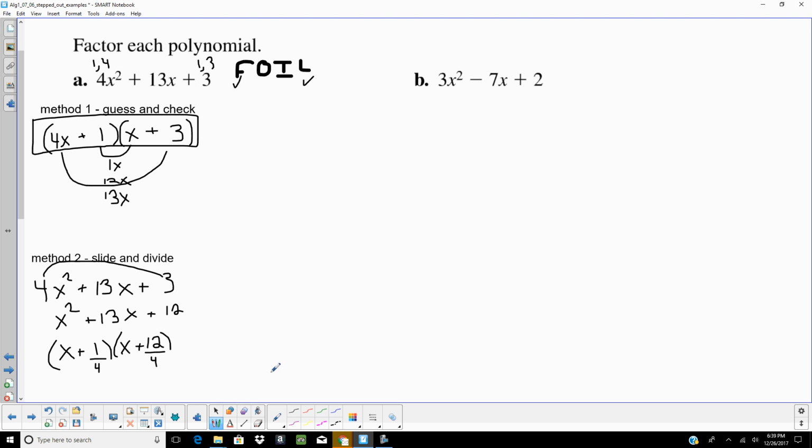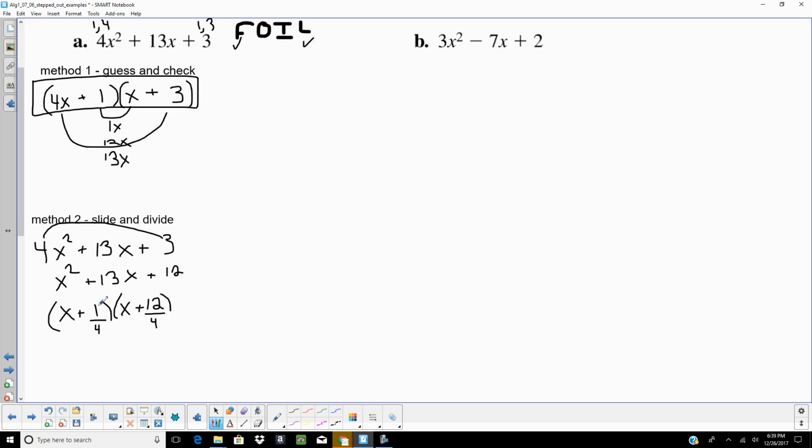So, again, the way that I show division is with a fraction bar. 1 does not go into 4 evenly, so this is where the slide part comes through. I'm going to slide that right over and get 4x plus 1. But if you look at this other factor, 12 divided by 4 is just x plus 3. Same answer, two different methods.